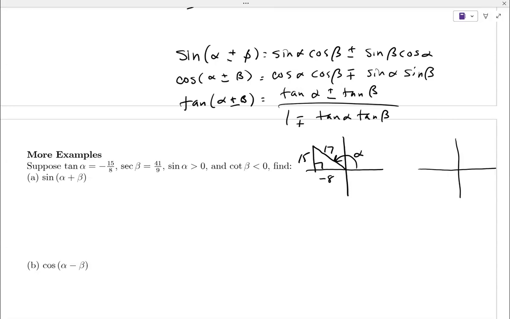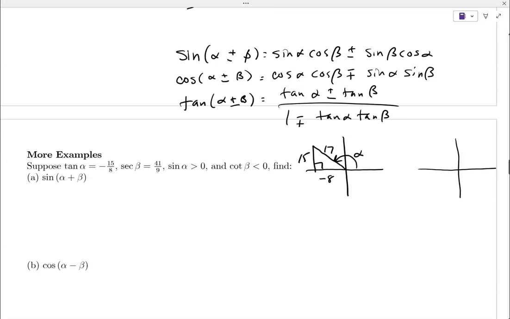All right, so I've drawn one reference triangle for the angle alpha. Let's draw another one for the angle beta. Again, with the pieces of information that you're given about beta, what quadrant should you be drawing the terminal side of beta in? What quadrant should you draw your reference triangle in? 4.